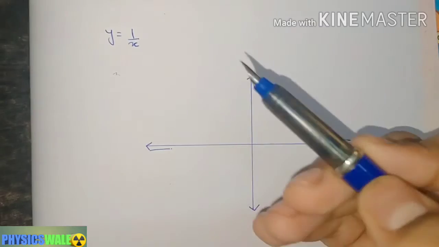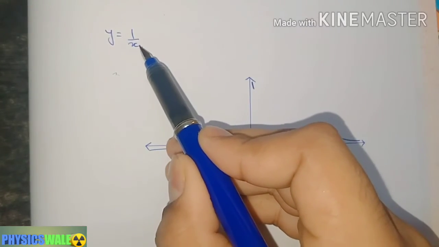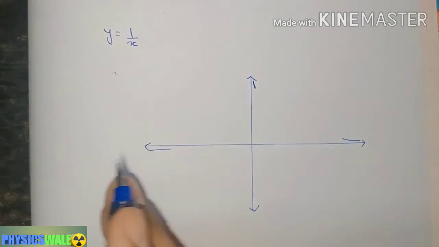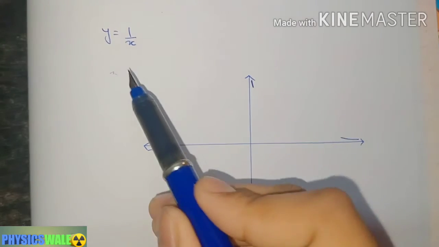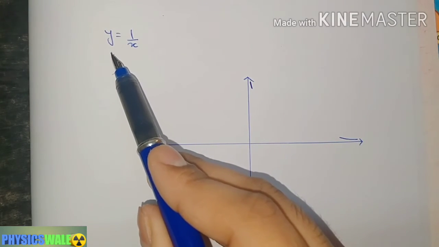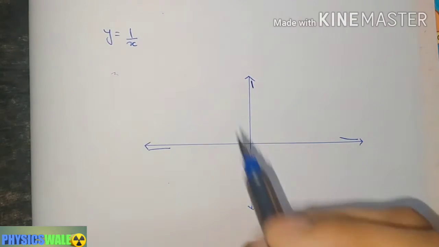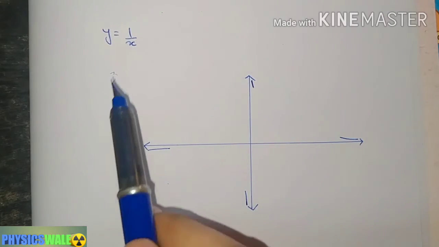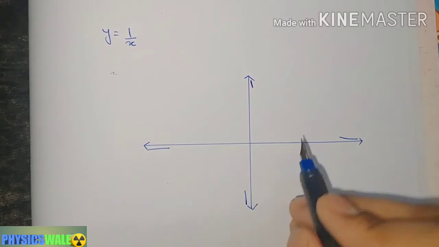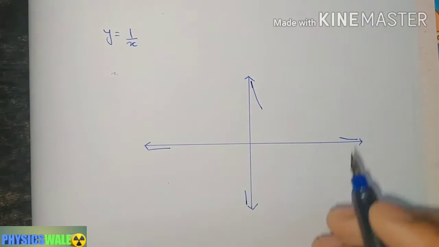Similarly, if I decrease the value of x, that is I move closer to the origin but in the negative direction, the value of y will keep on increasing also in the negative direction, like this. So when I take numerous values of x and y and try to plot the graph, it will come out to be something like this.